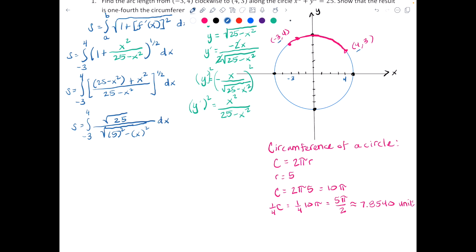Root 25 is just 5, so s will be 5 times the integral from negative 3 to 4 of 1 over the square root of, I'll give you a hint, the formula is like a squared minus u squared. Anybody have any ideas?